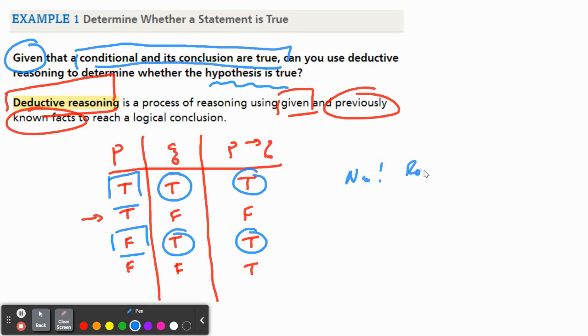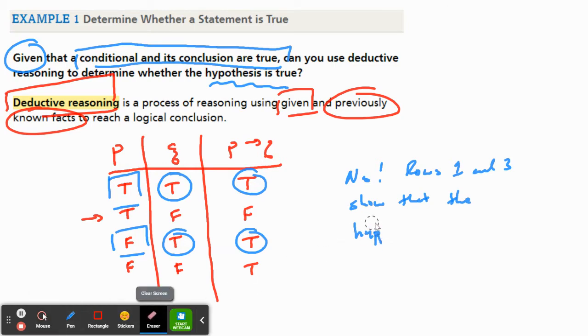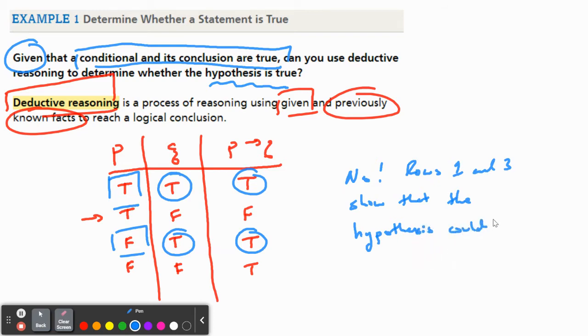We're going to say rows 1 and 3 show that the hypothesis, I always put like two lines for the P, the hypothesis could be true or false.